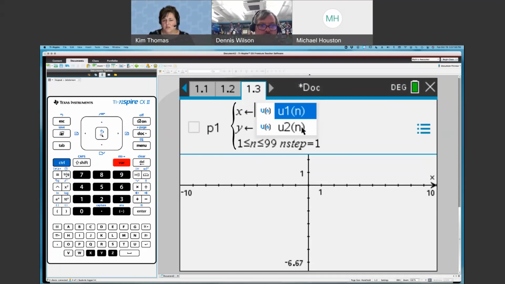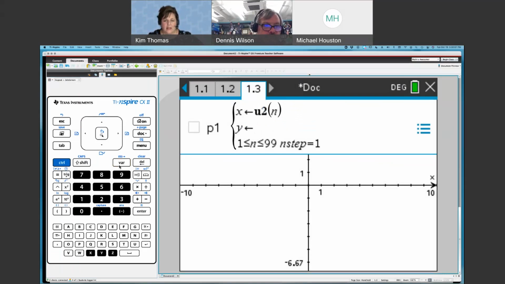And I'm going to choose the individual angles. So I'm going to do U2. And again, I would be very clear in the classroom what U2 is representing. And then for Y1, I could type in U1. Notice how it just automatically turns bold. On a handheld, it's much, much easier to do this using the variable key.